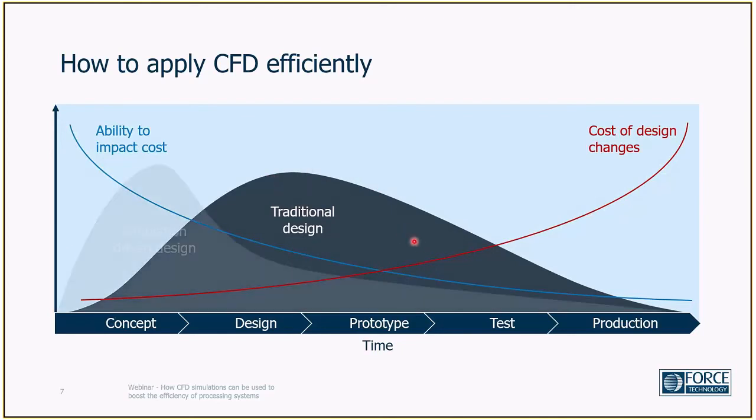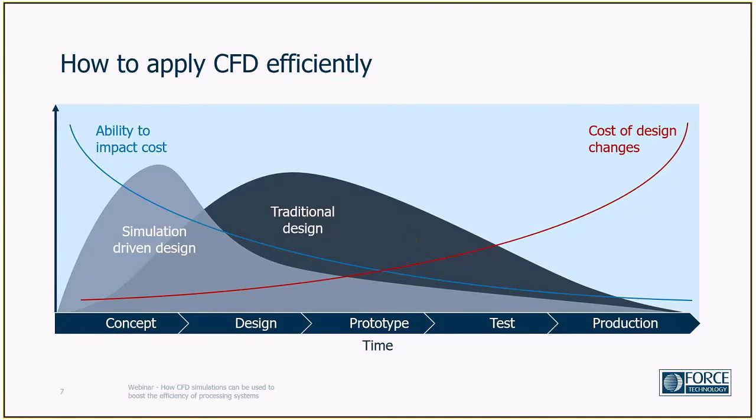On the other hand, when we do simulation-driven design, the high volume of effort is in the concept and design steps, and this is where we have the highest ability to impact cost while having the lowest cost of design changes. So it is actually here where we want to put most of the effort, and that's what we are doing with simulation-driven design.